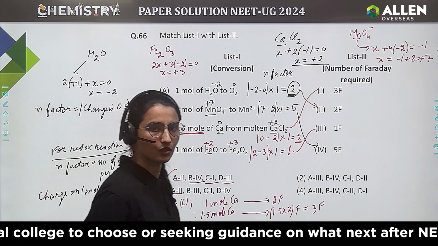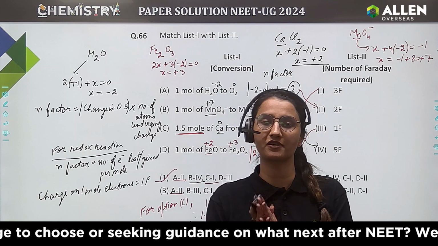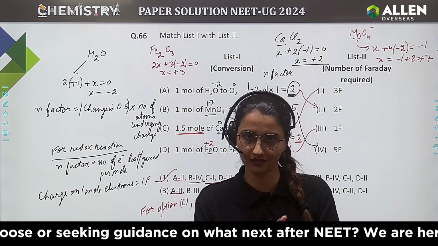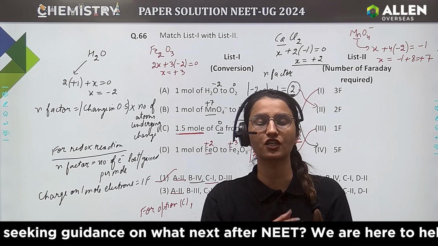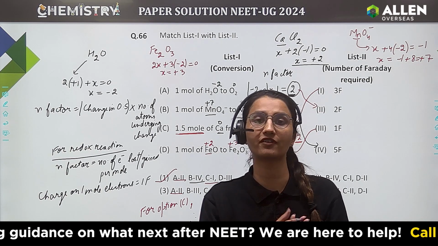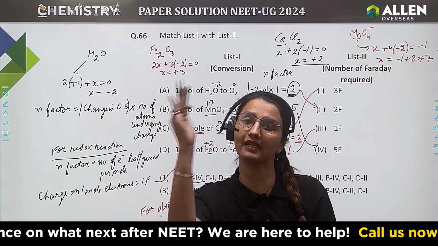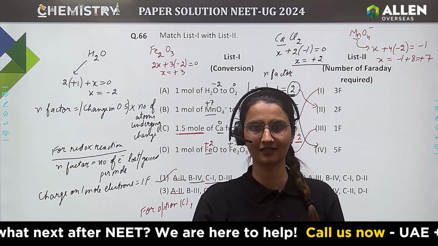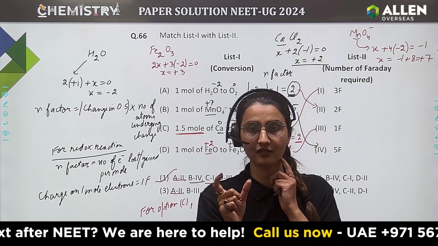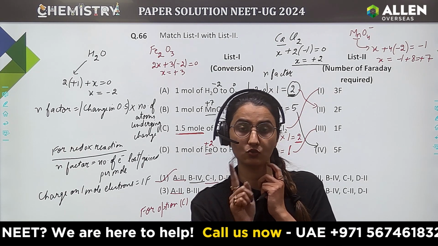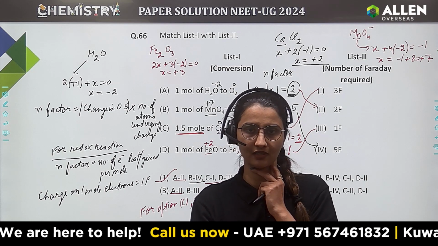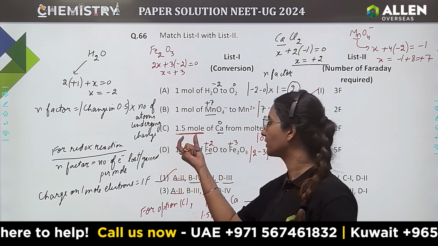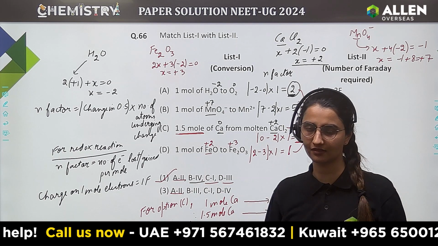Alright. Quick review. How did we fetch it out? First, I calculated the n factor, which is what? It is the mod of change in oxidation state into the number of atoms undergoing change on the reactant side. N factor told me how many electrons 1 mole would require. Then I made further calculations according to the moles given.